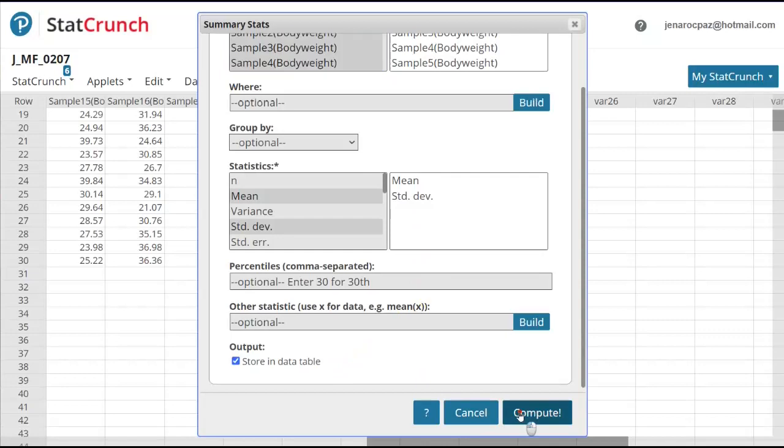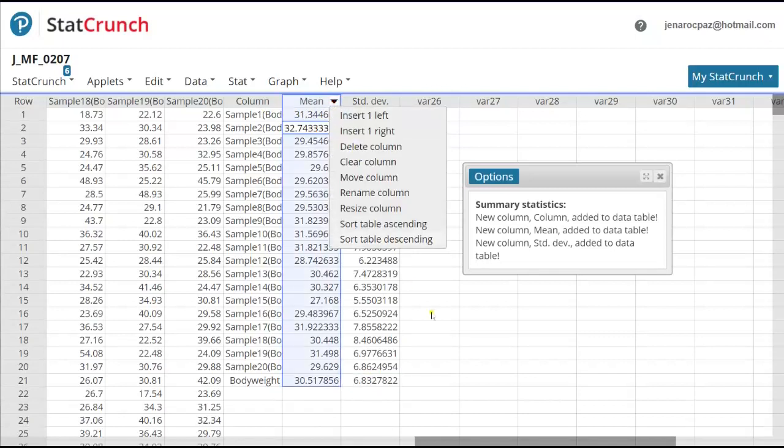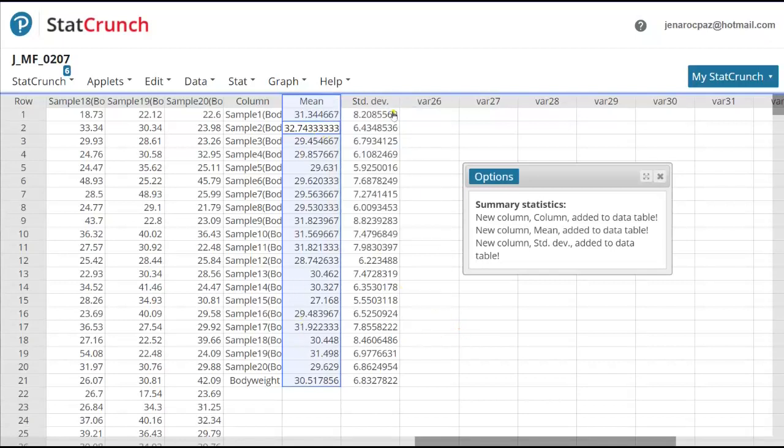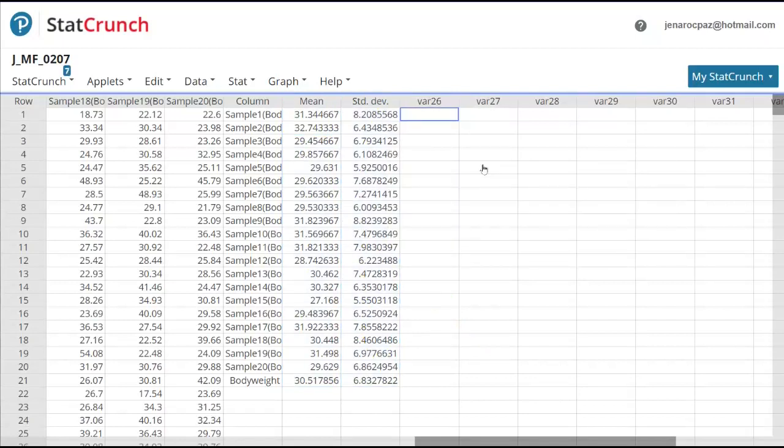And let's compute. Here we have the mean. Here we have the standard deviation. And for every single sample, we have the means and the standard deviations.